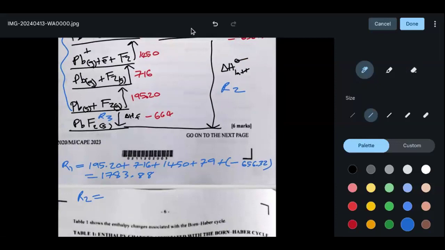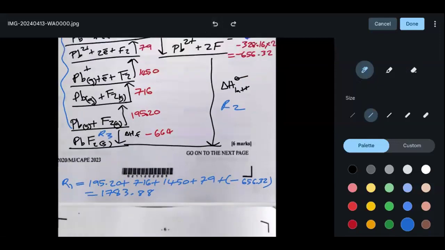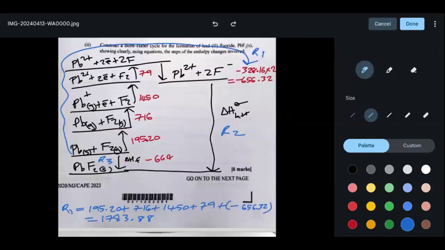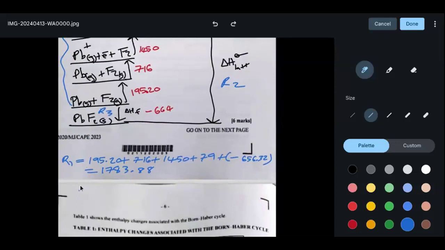So let's check. Which two of them are going in the same direction? R1 and R2. So R3 is equal to R1 plus R2, or R1 plus R2 equal R3, it doesn't matter.